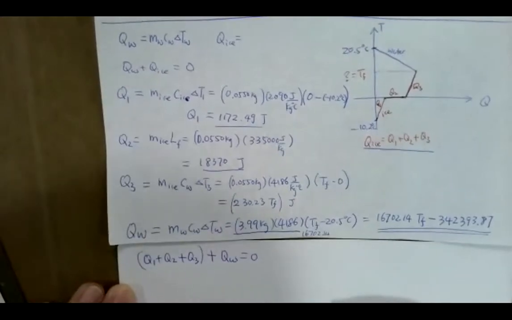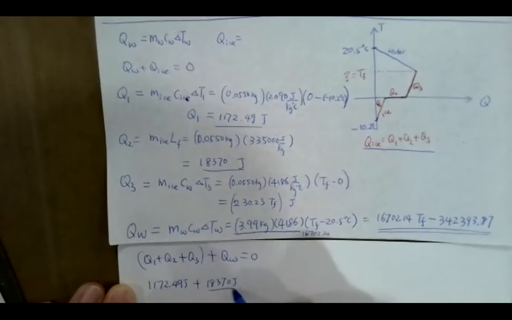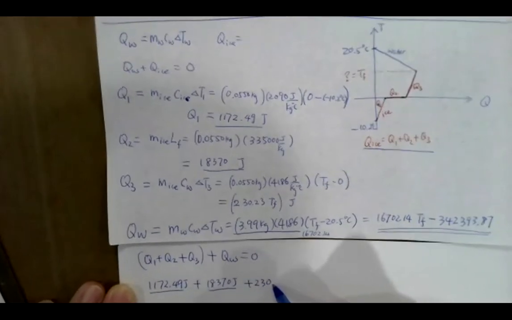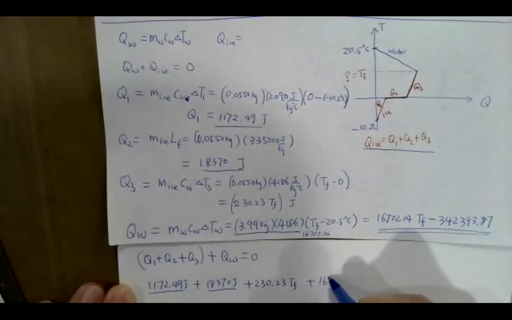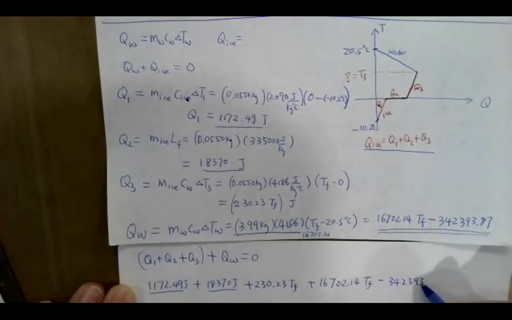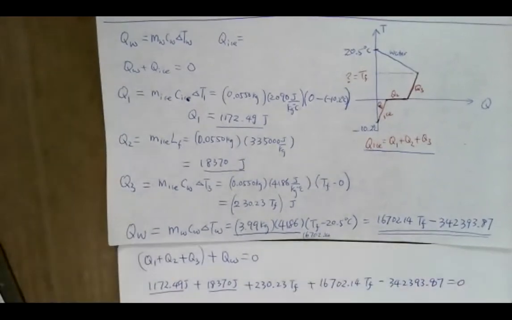All right. So then 1172.49 joules plus 18370 joules. You should have a number that's slightly larger than this, but about the same, okay? Plus 230.23 TF plus 16702.14 TF minus this number, 342393.87, to be equal to 0, right?